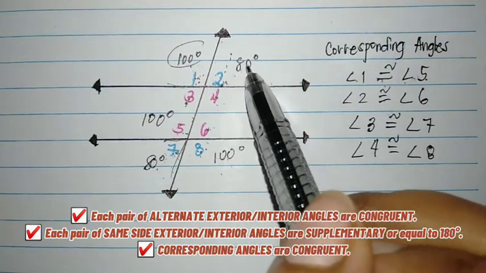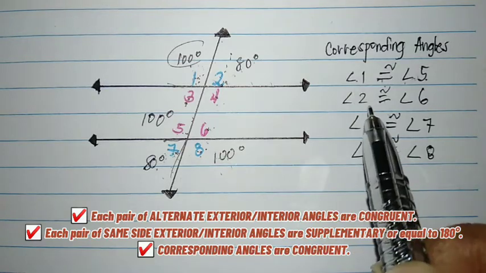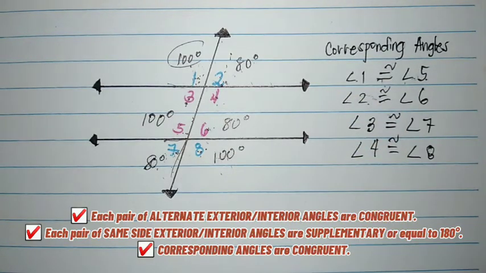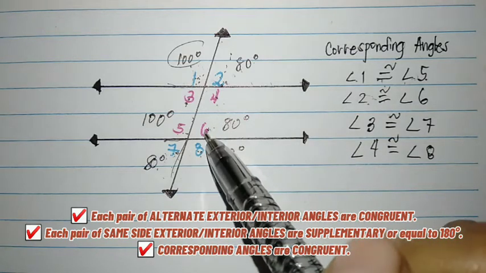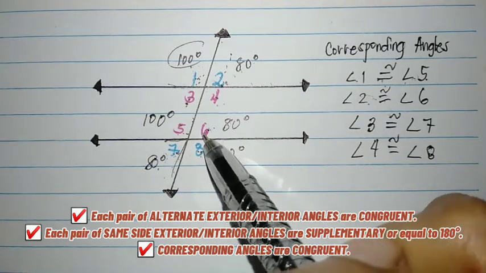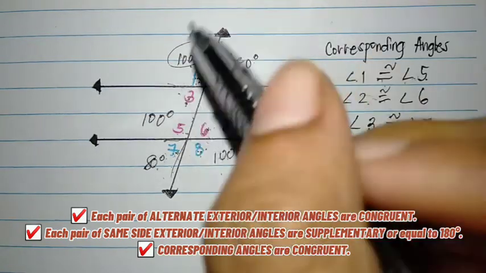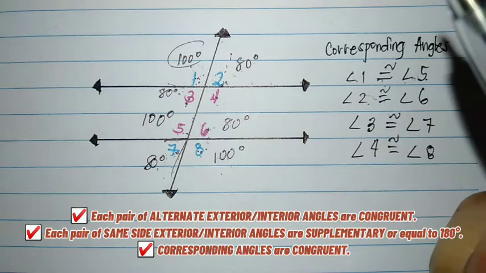Si angle 2 ay 80 degree. And sabi sa corresponding angles, they are congruent. Therefore, si angle 6 is also 80 degree. Alright? And then, doon naman natin, i-apply naman natin si alternate interior angles. Sino pa ang ka-alternate interior angle ni angle 6? Diba si angle 3? Tama? And they are also congruent. Therefore, angle 3 is equal to 80 degree.